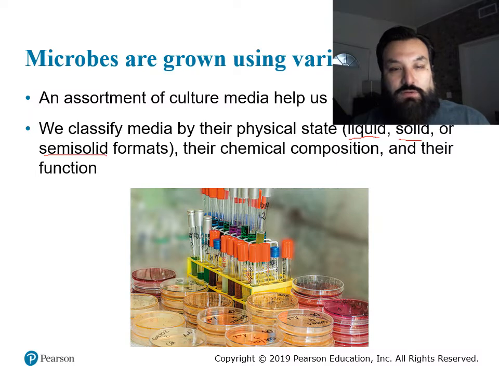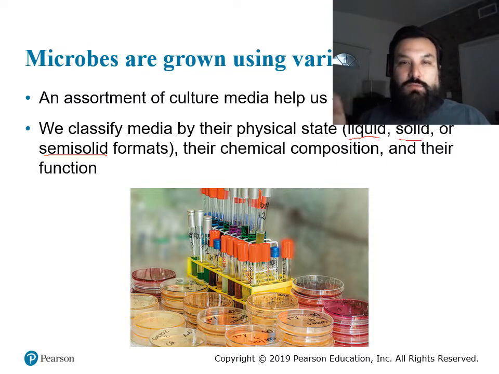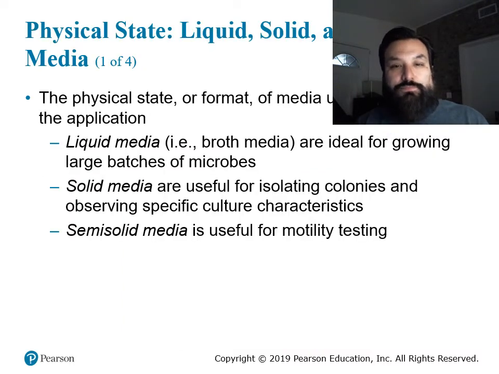And you've actually, believe it or not, used all of these so far. When you inoculated bacterial tubes, for example, or the plates that you've already done, some of them were liquid, some of them were solid, and some of them were half and half, a jello-like substance, not solid, not 100% liquid. We use these different things to look at different types of growth and different types of organisms growing.